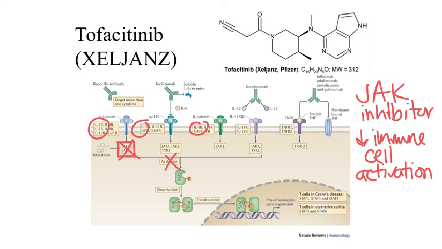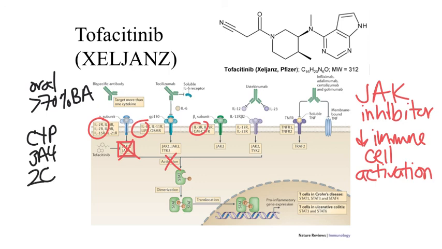It is administered orally, has very rapid absorption, and is over 70% bioavailable by the oral route. It is metabolized in the liver by some cytochrome P450s, specifically CYP3A4 and CYP2C19.